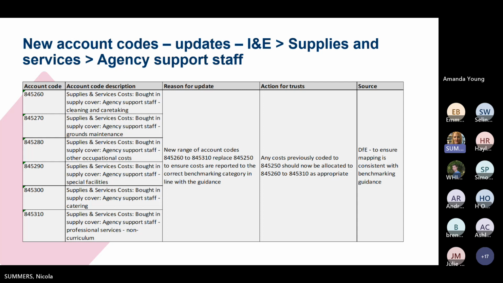Benchmarking has different guidance to the SOFA, in that agency support staff have to be allocated to the area of expenditure rather than a generic agency support staff cost area. So we've had to set up an account code for each of those areas. As you can see, any agency support staff you've got for grounds maintenance, you would now put to 845270, as opposed to, I think, previously 845250.